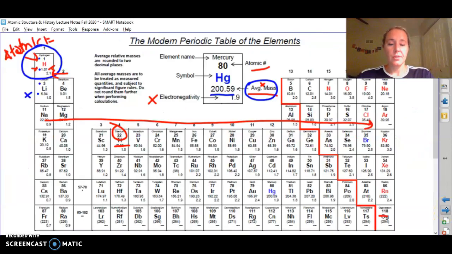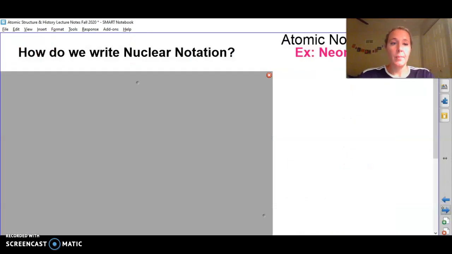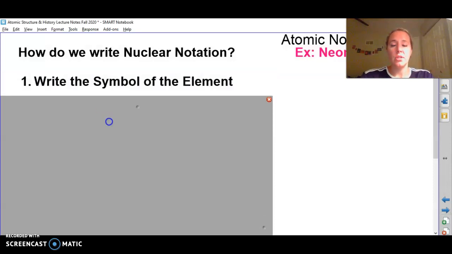Nuclear notation is similar, but it's a little bit different. So how do we write nuclear notation? If you had atomic notation, to show you the similarities and differences, and I said, okay, write the nuclear notation, you're going to write the symbol of the element. So you actually have to find it. Don't guess. If you guess N for neon, you're going to be wrong.